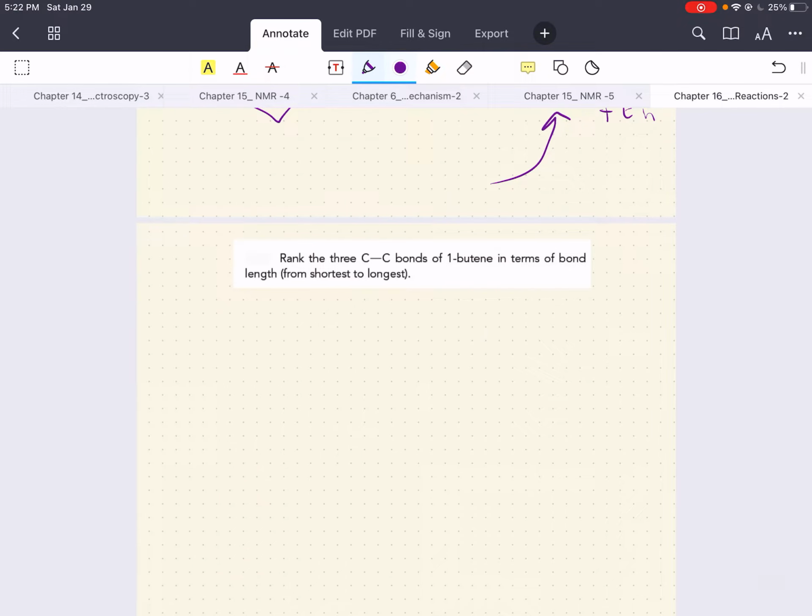All right, this problem says rank the 3 carbon-carbon bonds of 1-butene in terms of bond length from shortest to longest. First step, let's draw this out. All right, 1-butene looks like this. Now let's number our carbons really quickly. 1, 2, 3, 4.